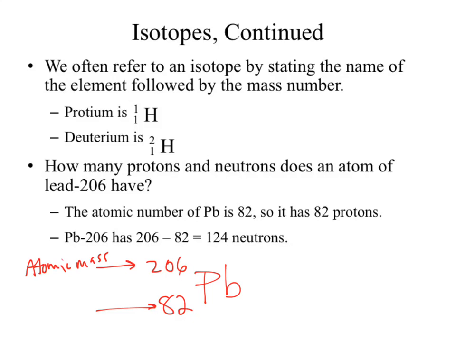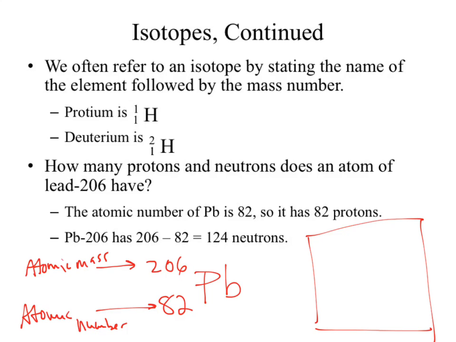What's the 82? Our atomic number. When we shift to the periodic table, let's go ahead and draw this in. Here's our box on the periodic table. We had lead in the middle. I'm doing 82 and then 207.2. What's the number on the top?